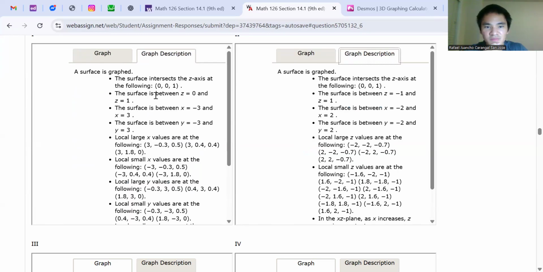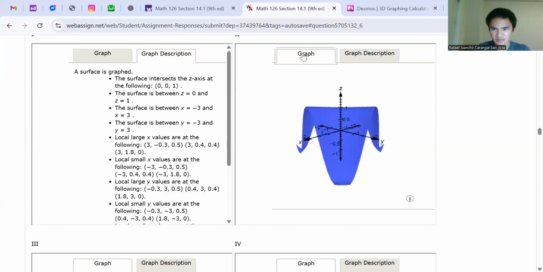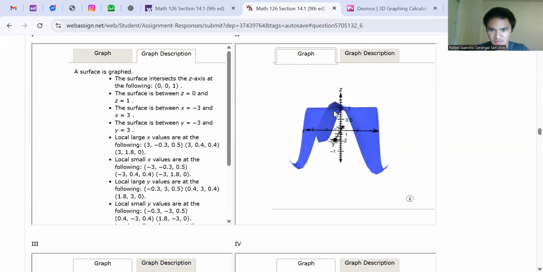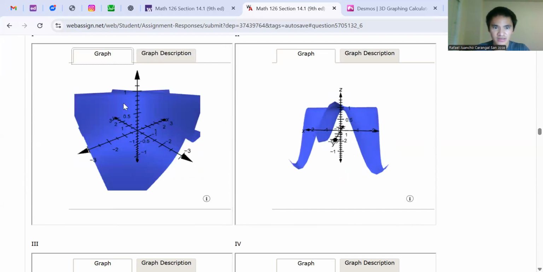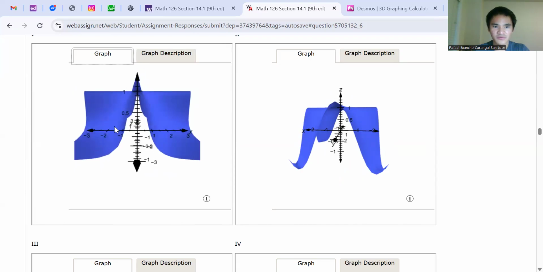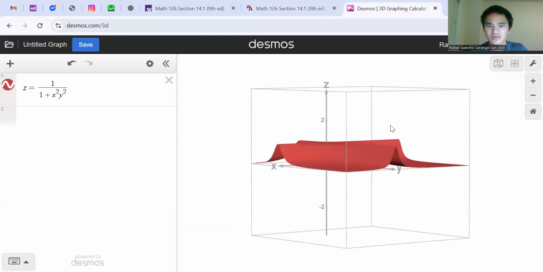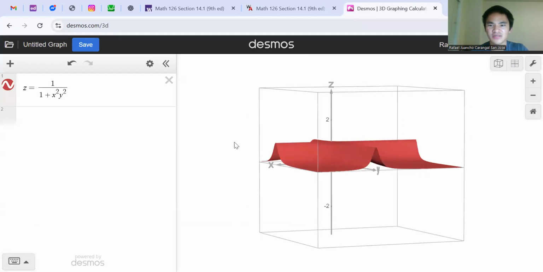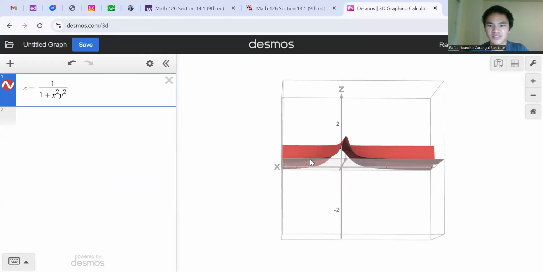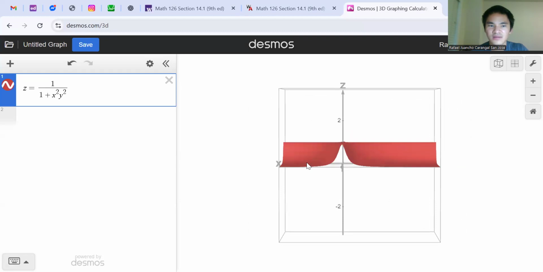It has a surface between 0 to 1. This one's a surface between negative 1 to 1 of my z. Really? Oh, it is. Negative 1 to 1. Here it's from 0 to 1. So that's the difference. Yeah, but here, see, it doesn't really go down my z, right?